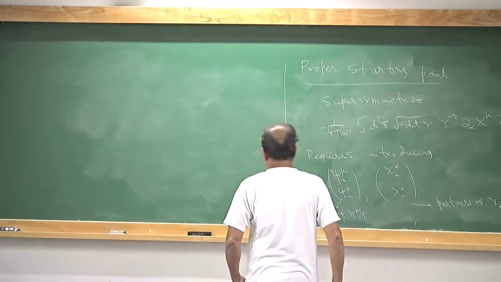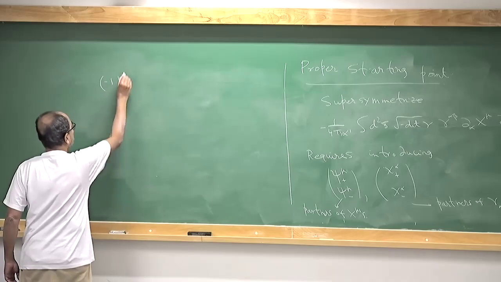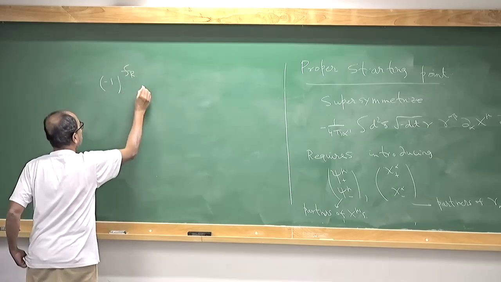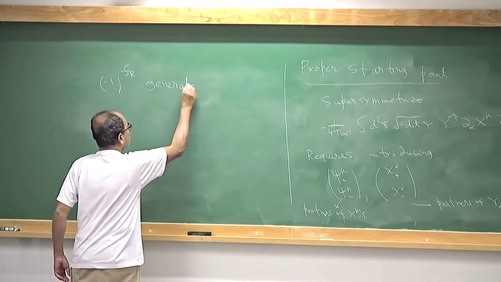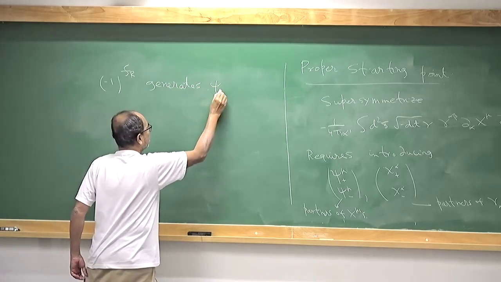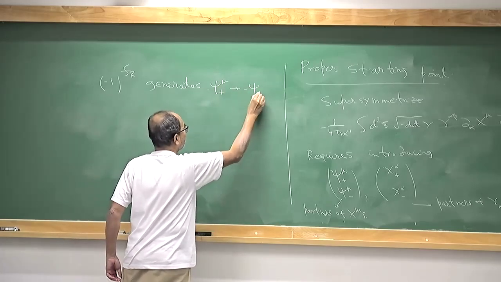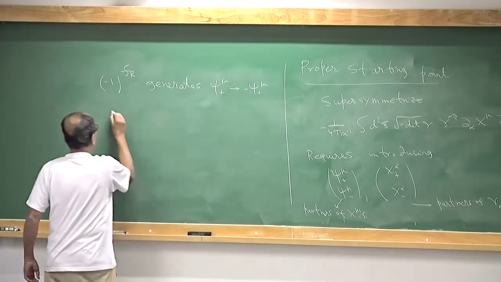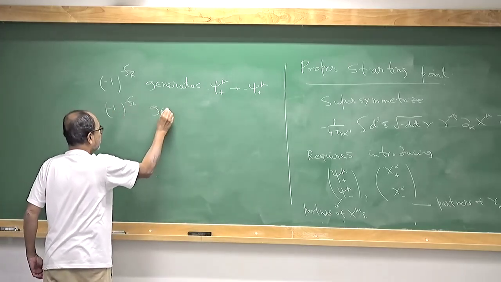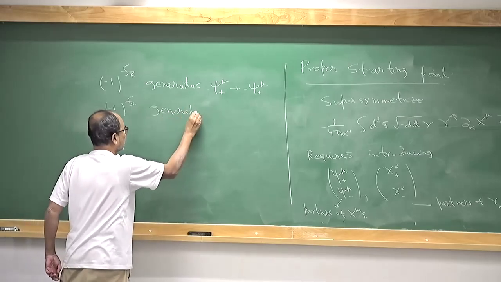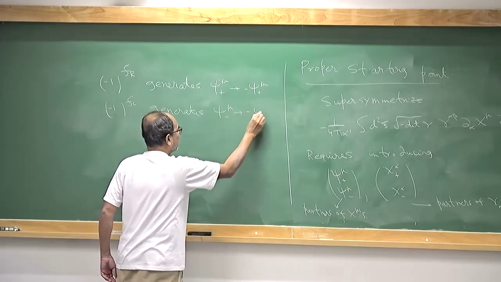So introduce two Z2 transformations. (-1)^F_R generates psi plus mu to minus psi plus mu, and (-1)^F_L generates psi minus mu to minus psi minus mu.